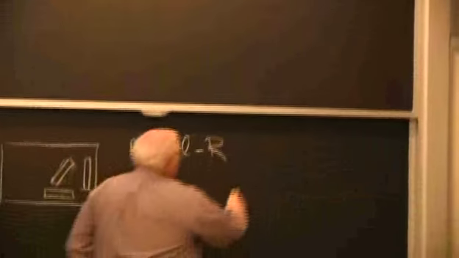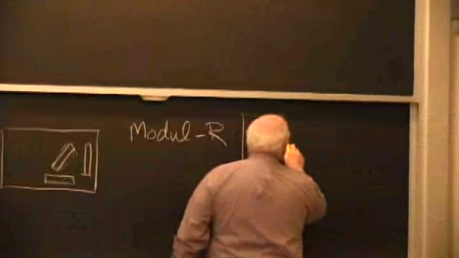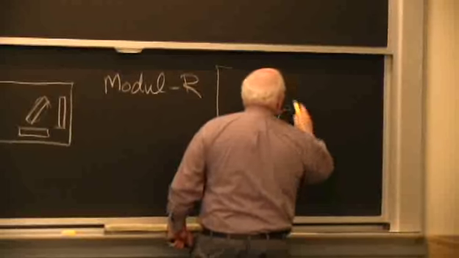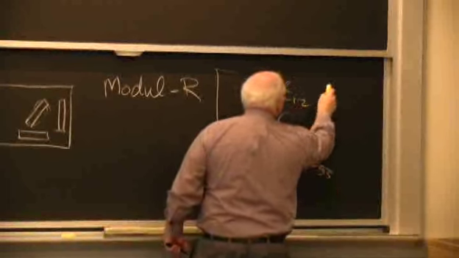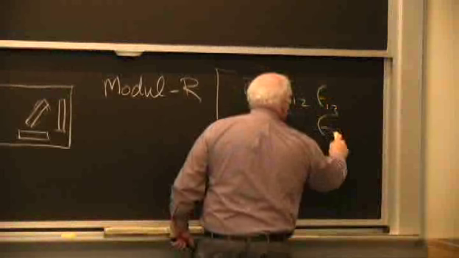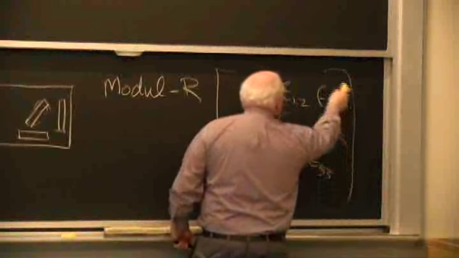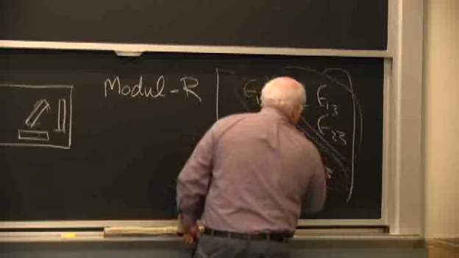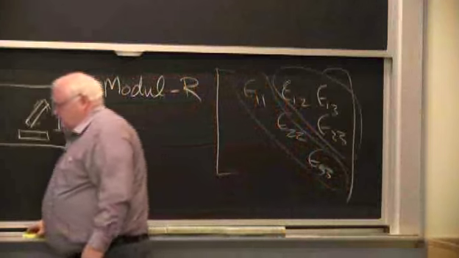Remember, you've seen this before. If I have epsilon 1,1, epsilon 2,2, epsilon 3,3, epsilon 1,2, epsilon 1,3, epsilon 2,3, these are my shear strains. These are my tensile or compressive strains, principal strains.